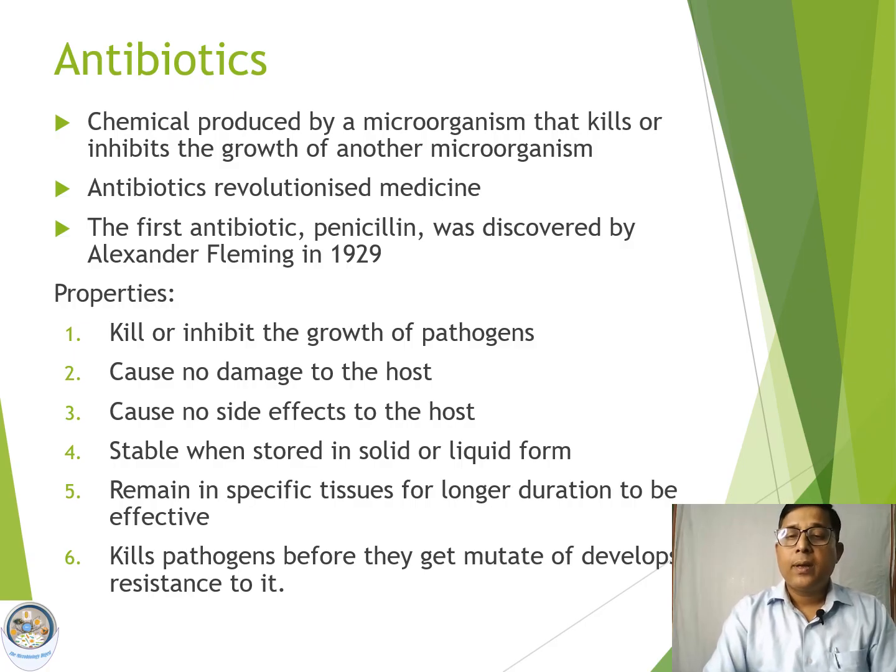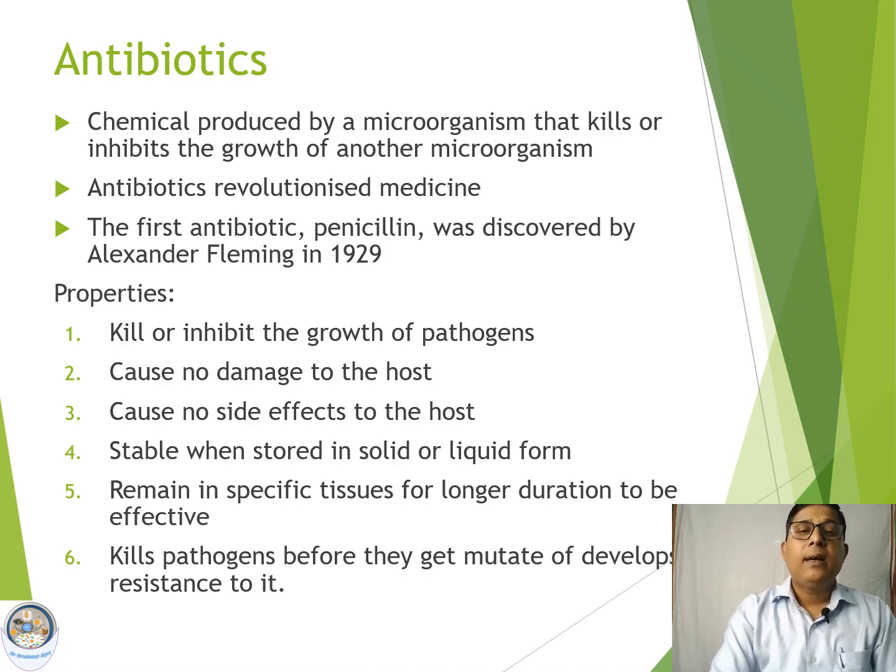Means these are produced by microorganisms and they can kill or inhibit the growth of other microorganisms. So antibiotics, after discovery, have almost revolutionized the entire medicine. And the first antibiotic which was discovered by Alexander Fleming in the year 1929 was penicillin.